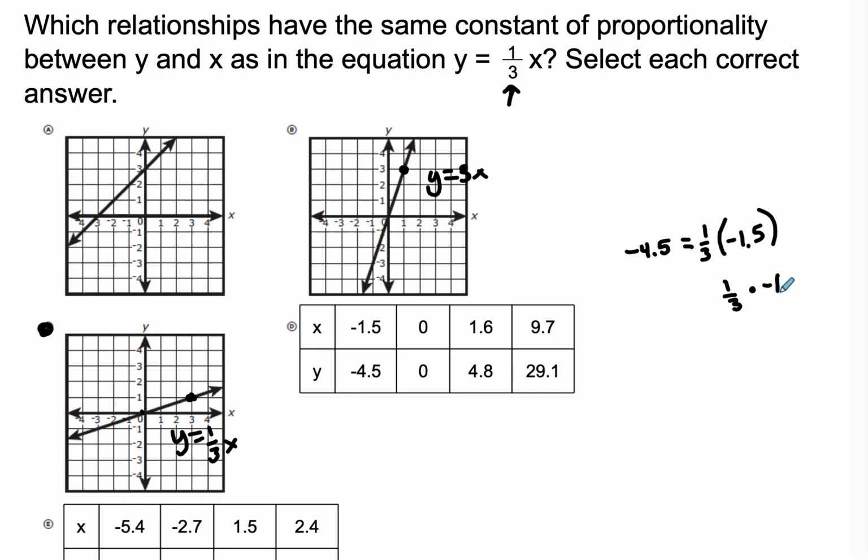I'm just going to make them both into fractions. 2 times 1 is 2, plus 1 is 3. 1/3 times -3/2 gives me -3/6, and that's going to be -1/2.